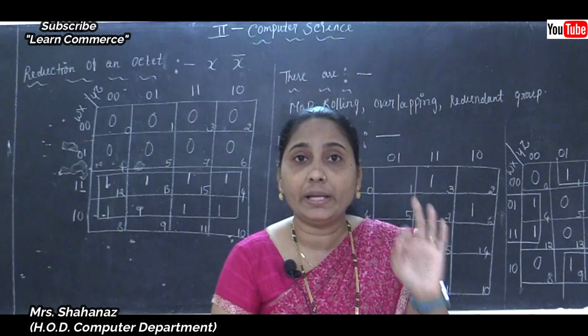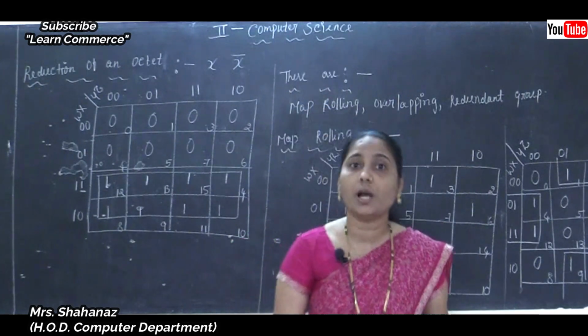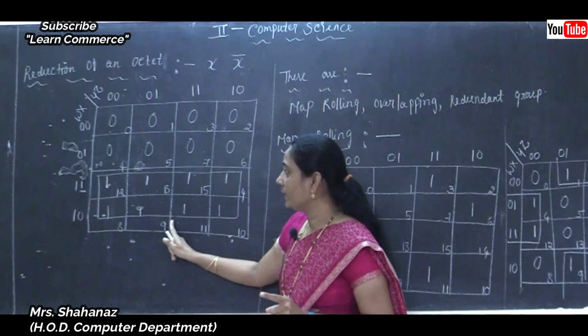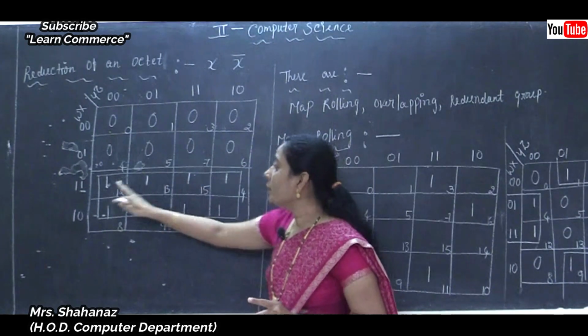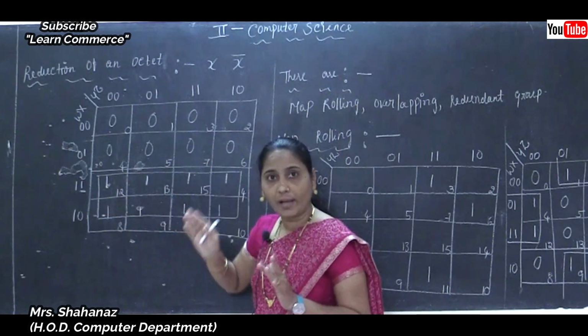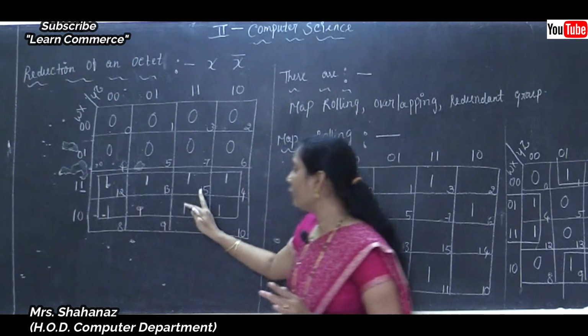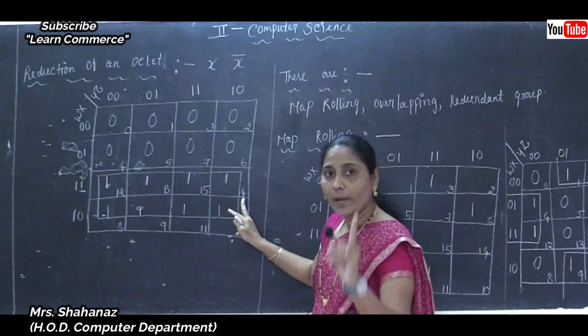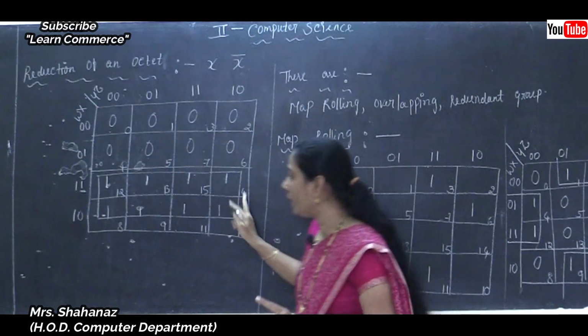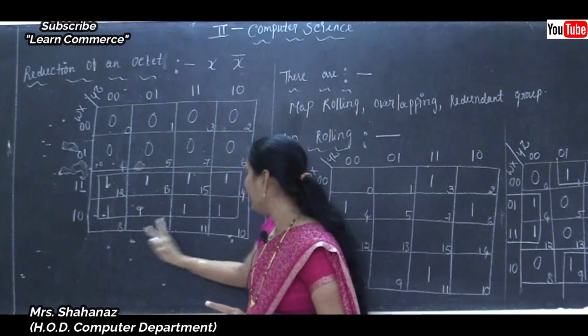Totally we need 8 ones. In this K-map I am using the value one for the squares 12, 13, 15, 14 and also 8, 9, 11, 10.